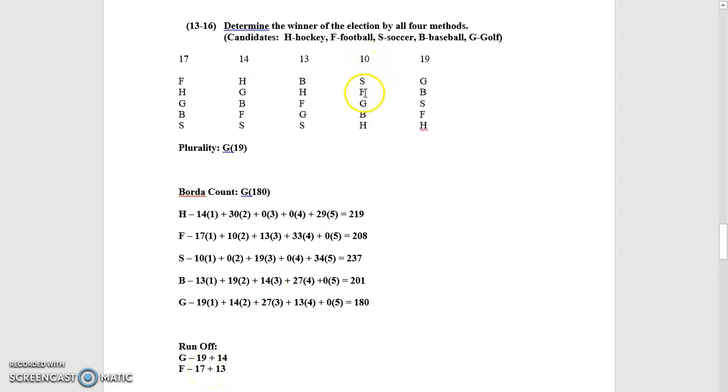And here, F would get the votes over G as well, so it would have another 10 votes. In this case, we have 43 total votes for F and 33 total votes for G. Our winner is F with a score of 43.